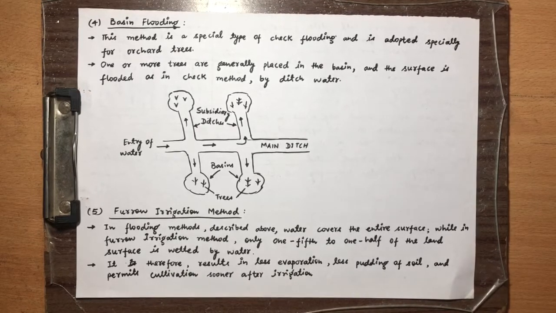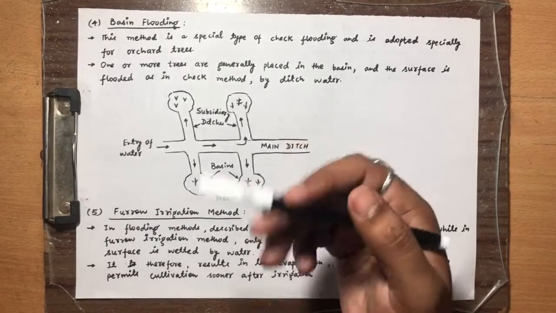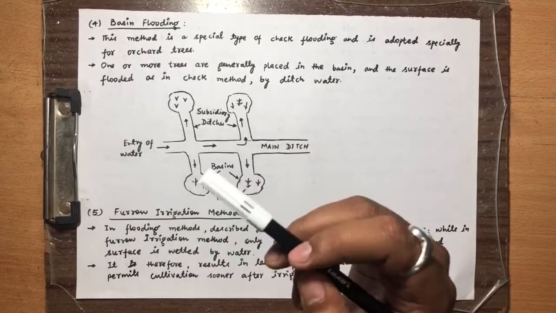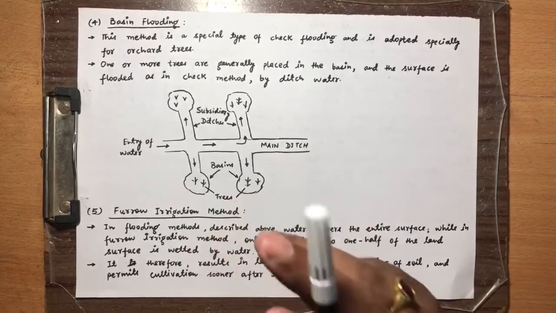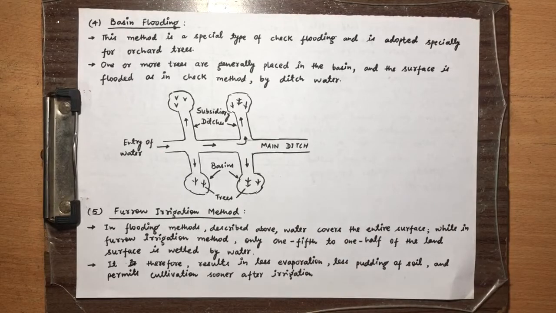This is one of the differences from the four methods we have discussed. In the previous four methods the entire surface is covered by water, but in furrow irrigation only 1/5 to 1/2, meaning 20% to 50%, of the field gets covered by water.